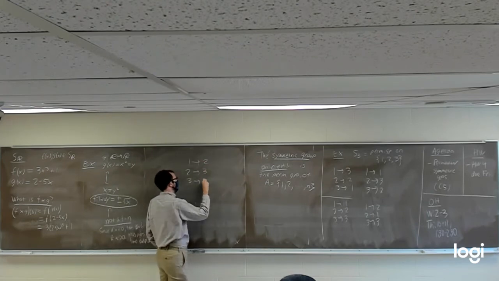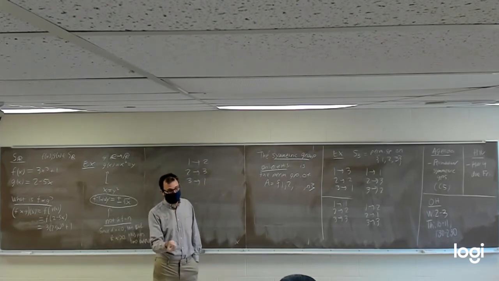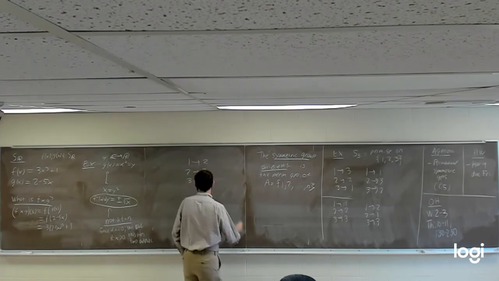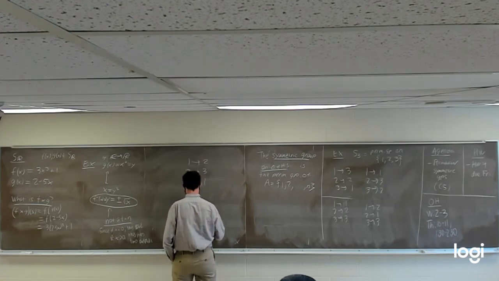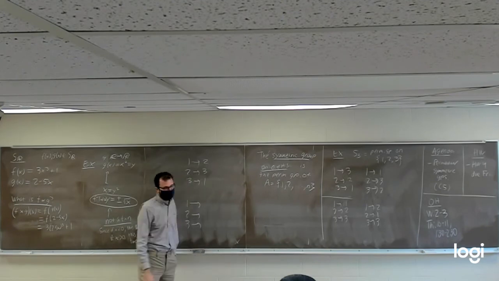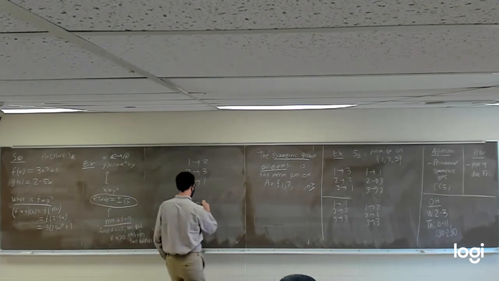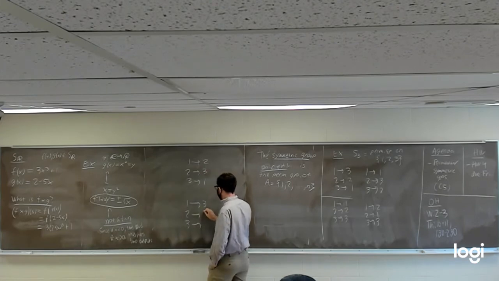1 maps to 2, 2 maps to 3, 3 maps to 1. So nothing maps to itself. What else we got? 3, 1, 2. 1 maps to 3, 2 maps to 1, 3 maps to 2.